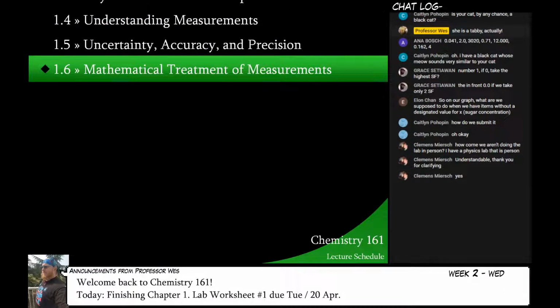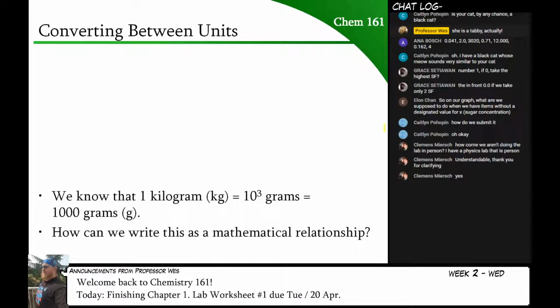So we're going to finish the rest of Unit 1 today. What slide are we on? Let me see here. Yeah, we'll very easily do this. Okay. This last bit is just how do we do math using Sig Figs and doing unit conversions.